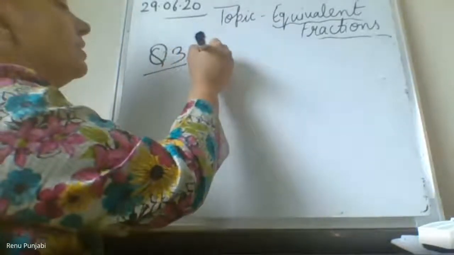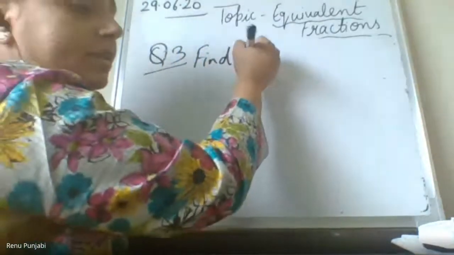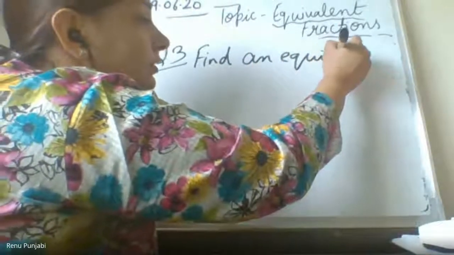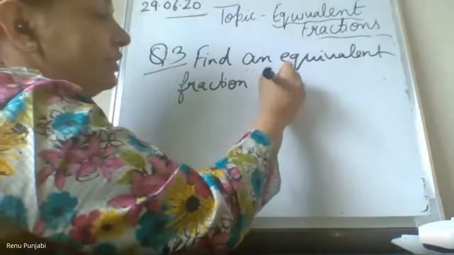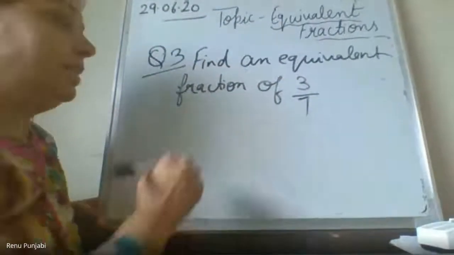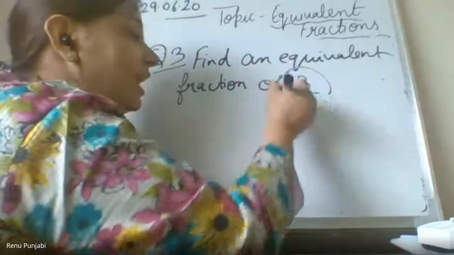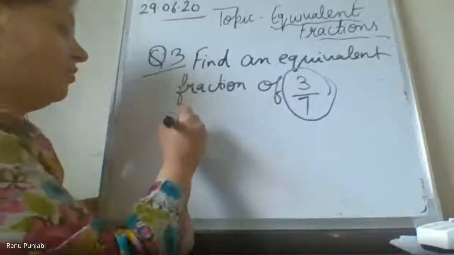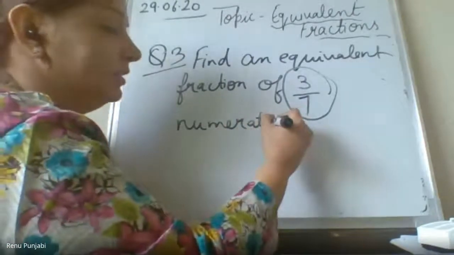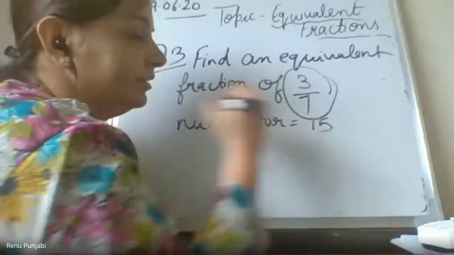Next question is: find an equivalent fraction of 3 upon 7. In this case, this is the main fraction, and we have numerator 15.